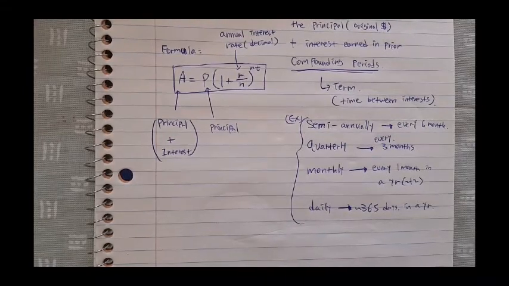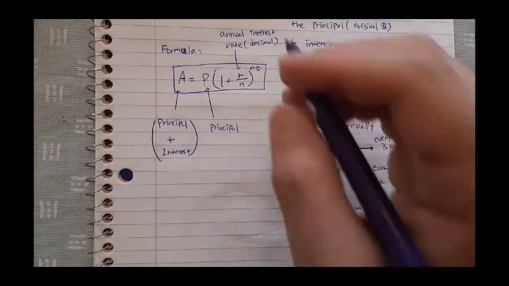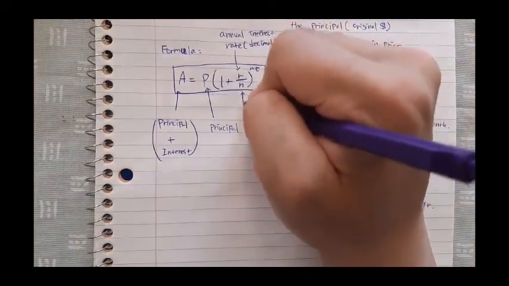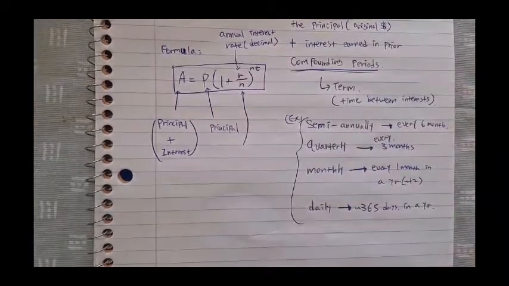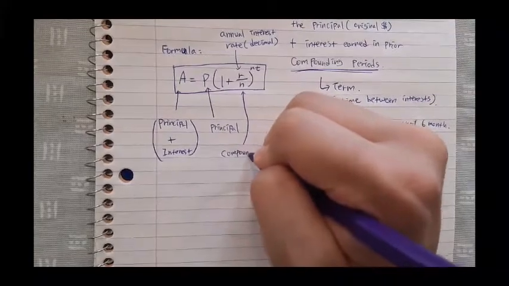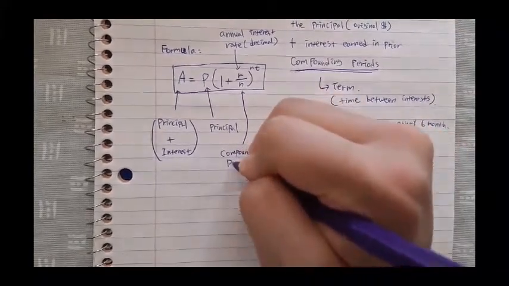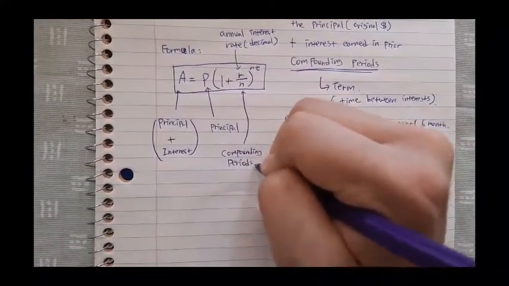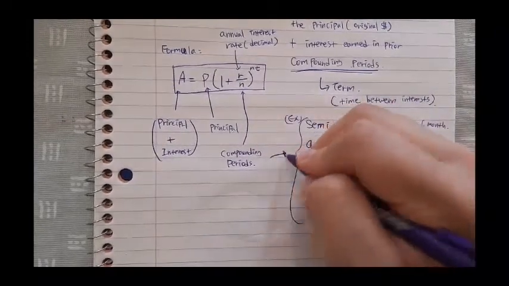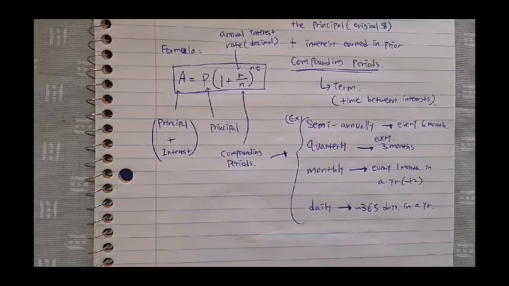Some people use fractions, but since you're going to use a calculator, decimal should work. n represents the special term that we learned, the compounding period, and it depends on which type you're dealing with: semi-annually, quarterly, monthly, daily.